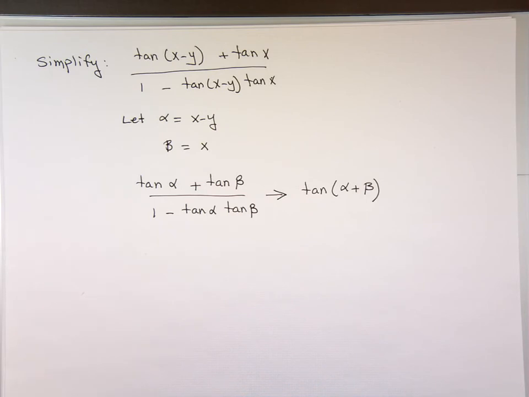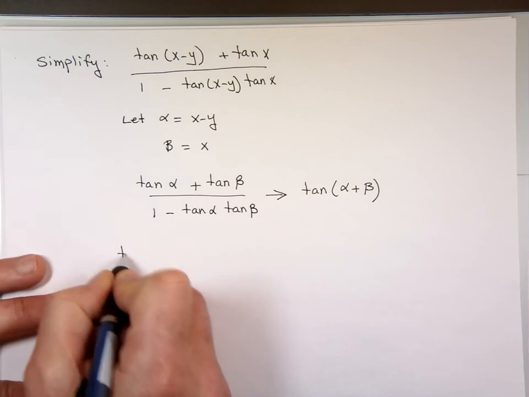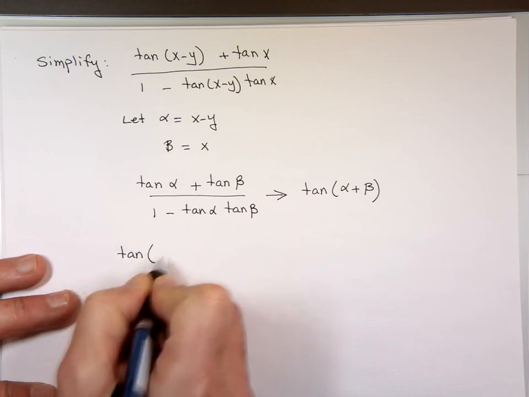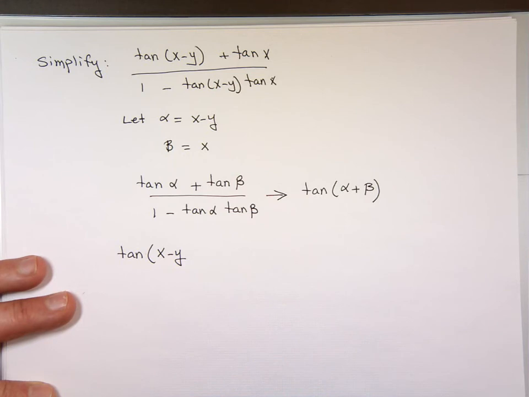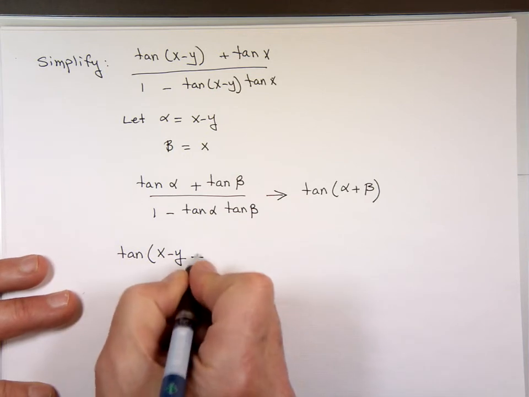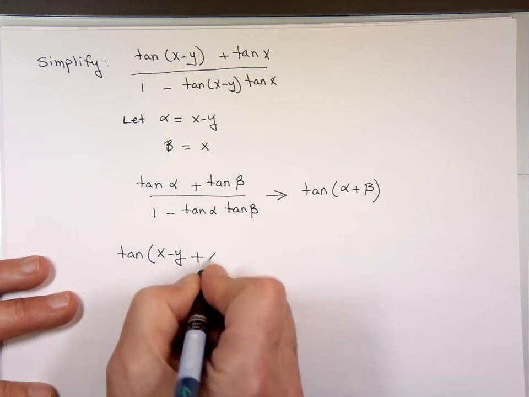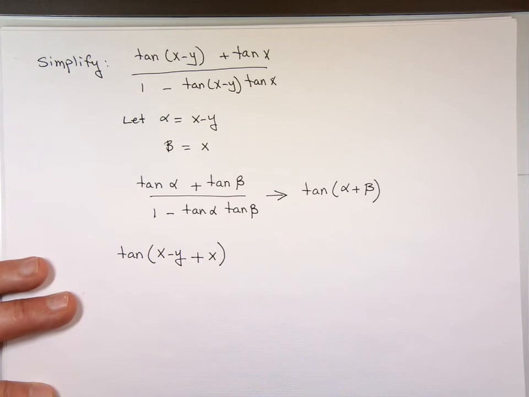Now let's plug in the value for alpha and beta. Alpha is x minus y. Add to it beta. Beta is x. So what are you going to have?